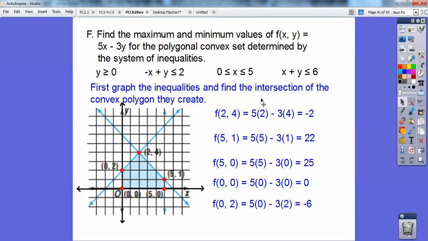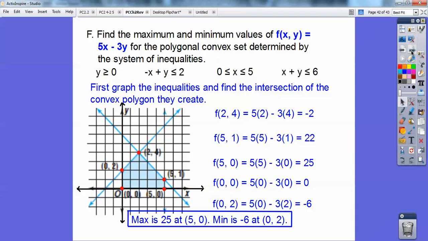So I put in all of these 5 different points, 2, 4, 5, 1, 5, 0, 0, 0, 0, 2, plug them into 5x minus 3y, and the max is 25 at 5, 0, and the min looks like negative 6 at 0, 2.